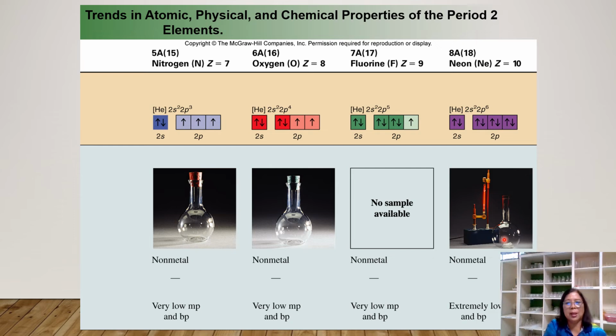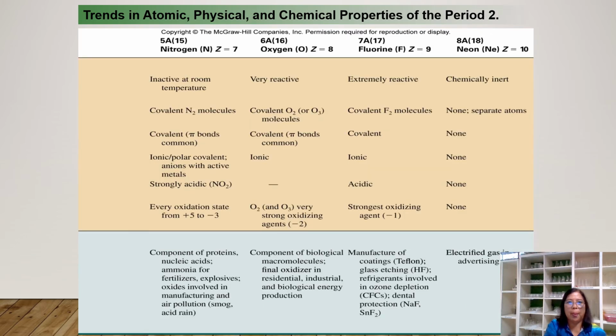As a gas, they have very low melting point and boiling point. Now let's try to look into the other properties. These gases are arranged from being inactive to extremely reactive, but the neon is chemically inert.